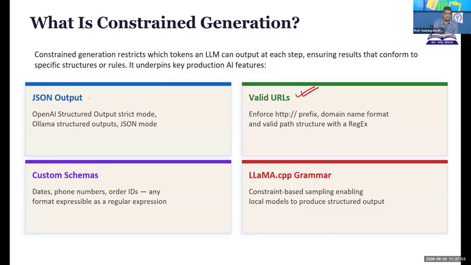Another very common use case that we have already discussed is that I want the LLM to generate a JSON. You have to understand, this is not the same as the output response variable generated by the LLM, which is already in JSON format.